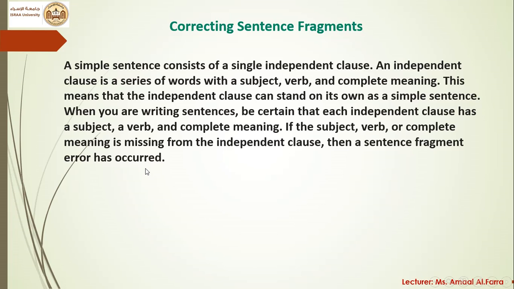If the form of the sentence loses one of these, the subject, the verb, the meaning, then errors occur in this sentence and we have to correct this error. We have to correct and rewrite the fragments of the sentence to make it meaningful for the readers.